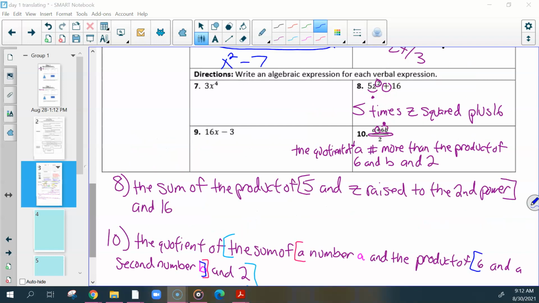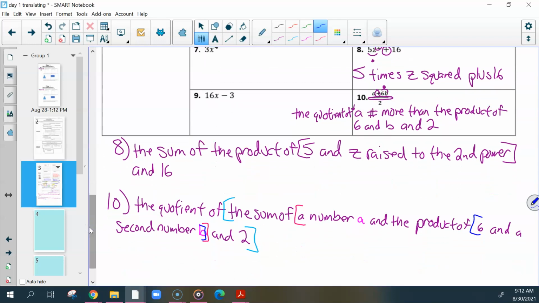Let me get your attention back up here. And then, before I ask for your 7 and 9, I'm just going to read this and kind of talk about why there's some differences going on. The longest way to write this: the quotient of the sum of a number A and the product of 6 and a second number B, and 2.